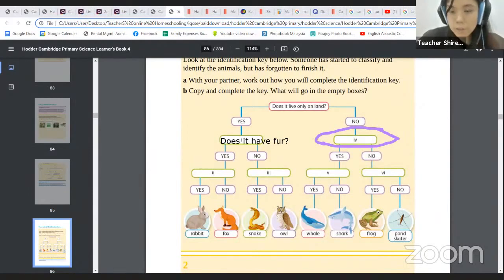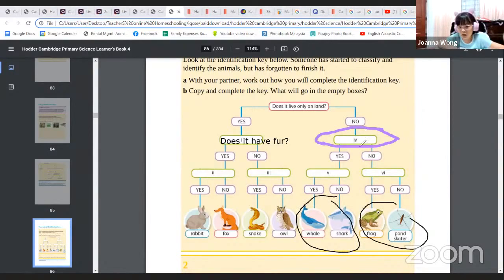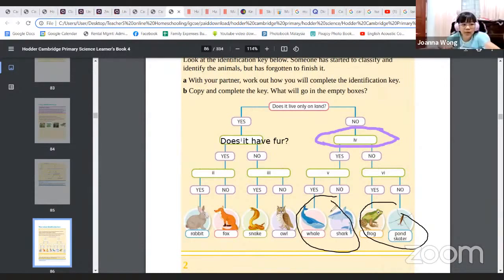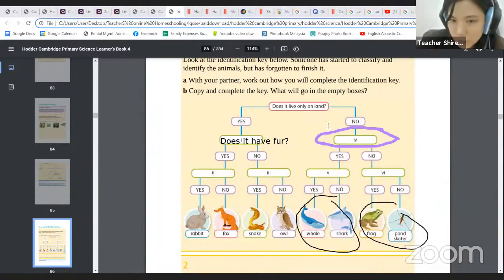Okay. So now again we have to find the similarities of these two. Which ones do you say these two are the same and these two are different?